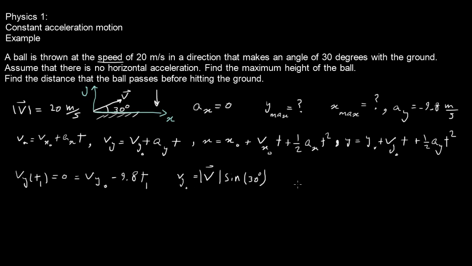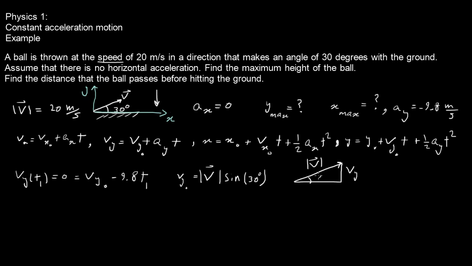I found Vy naught using previous videos. So remember we had this, if this is vector v, the magnitude of it is v, which is given to us, then this was vy.